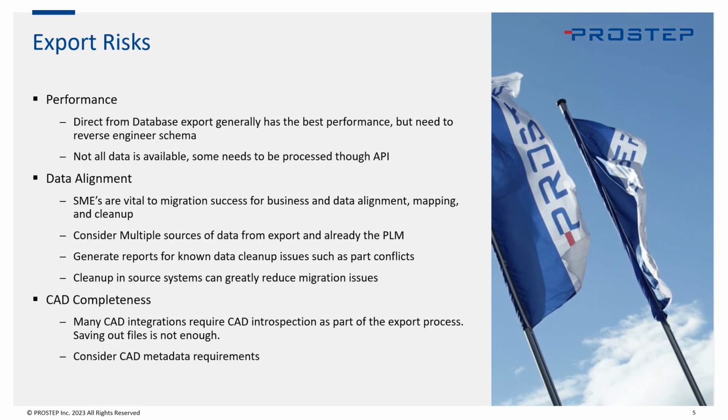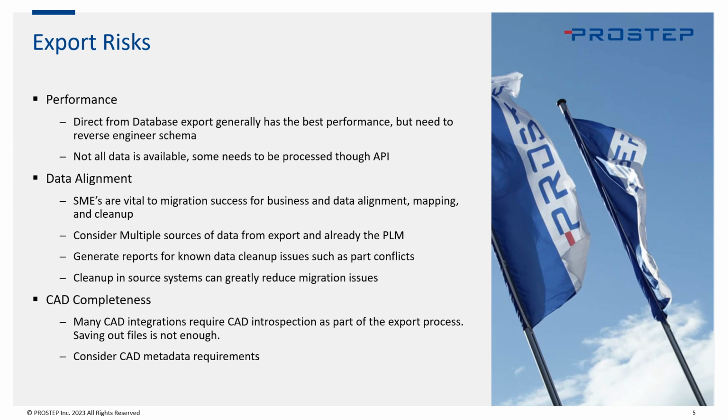So with the specification completed, typically the first defined sprint is the export. This is also generally the easiest component of migration. The best performance you're going to get on export is going direct from the database. That might mean you need to reverse engineer the schema of the database in order to pull data from there.